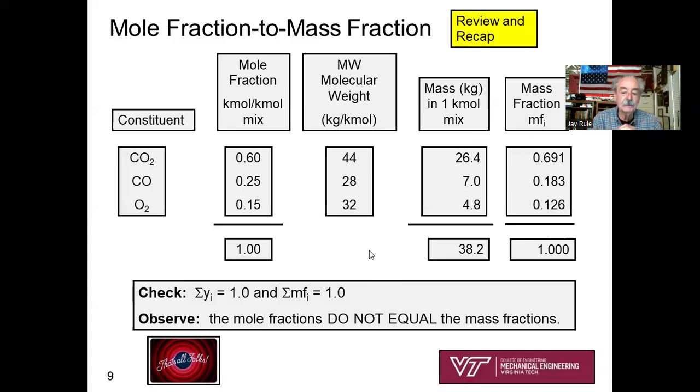A lot of students will say, oh, I thought the mass fraction and the mole fraction were the same number. It is not. Now, they're slightly different. You say, well, that's close enough. No, I've got to tell you, in a lot of mixtures, the mass fractions and mole fractions are not close enough. So it is critical that you understand how to convert a set of mole fractions into a set of mass fractions. Important thing to learn how to do.